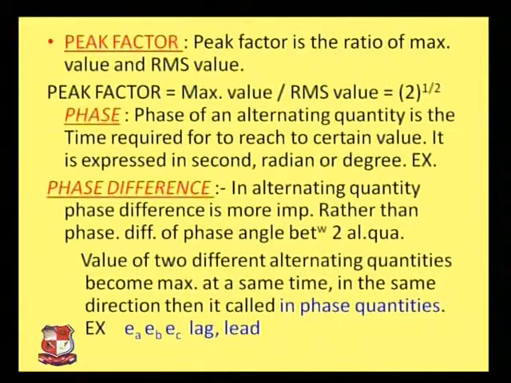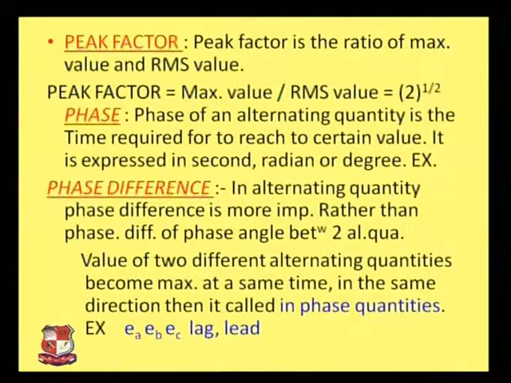Phase difference. In alternating quantities, phase difference is more important than the phase. The definition of phase difference is the difference of phase angle between two alternating quantities. It is called the phase difference between two alternating quantities.